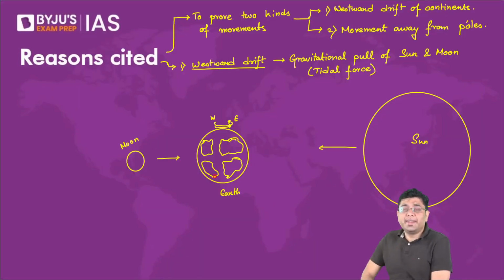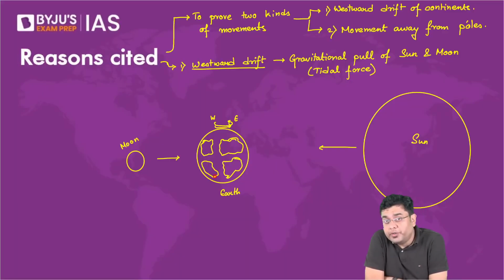The moon exerts a significant amount of gravitational pull on the planet Earth. It is because of the gravitational pull of the moon that we come across the various tidal movements across seas and oceans. But the gravitational pull is nowhere near as strong as to hold the land masses in their place while the planet rotates underneath.